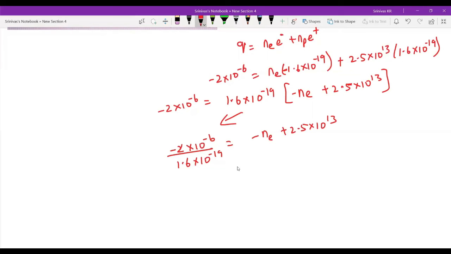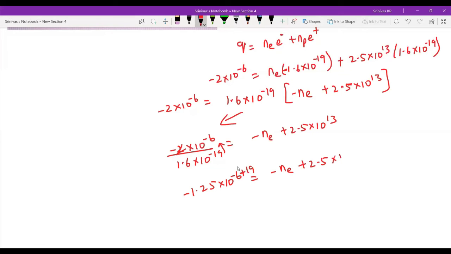So if I divide it, what do I get? I get minus 1.25 into 10 to the power of minus 6 is equal to minus ne plus 2.5. When this goes up, the minus becomes plus 19.